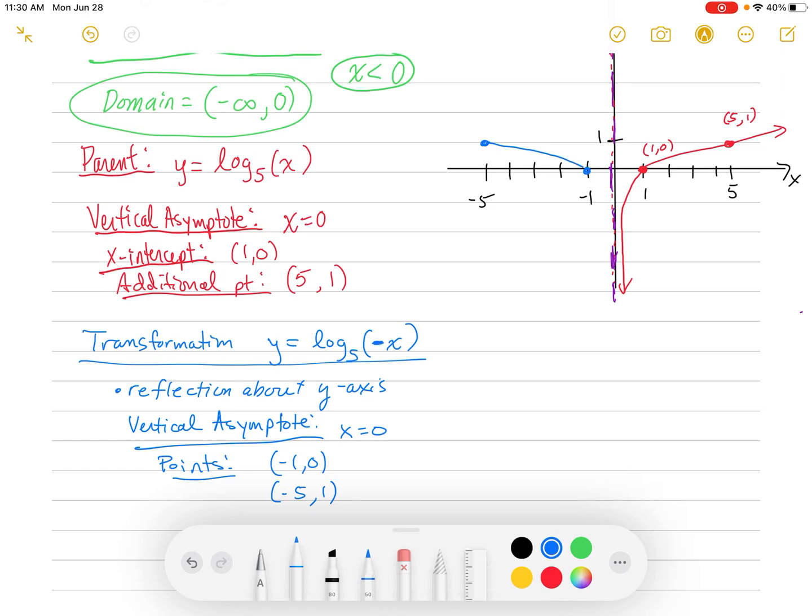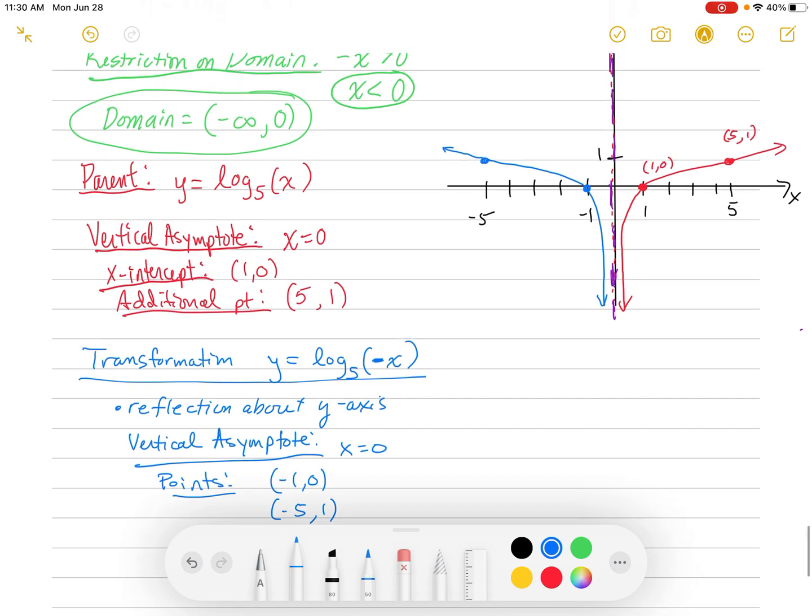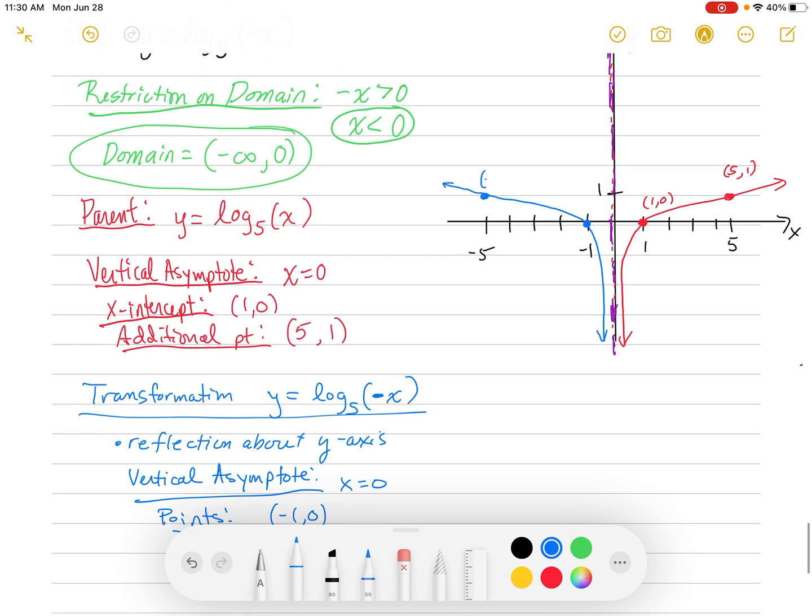So let's see, I'm plotting that down. I got (-1, 0) right here, and (-5, 1) right here. So everything's going the opposite direction now about the y-axis. You're going to connect these two points, and as you go to the left now, the graph's going to go off to positive infinity, and as you go to the right, the graph's going to go down towards the vertical asymptote.